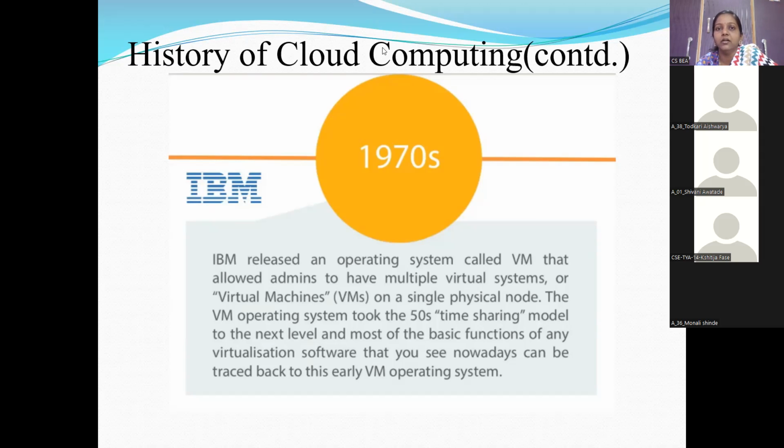But before those 5-6 years, that was not possible. You had to log out from one user and then enter by using another user's credentials. But here the time sharing facility was given by IBM.